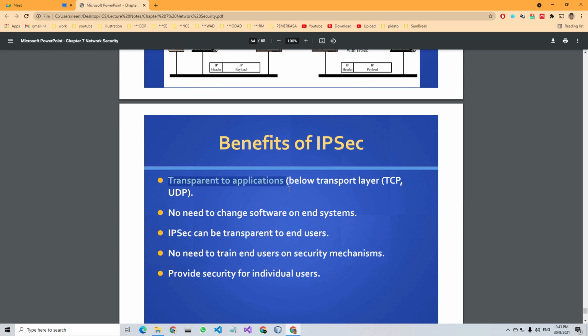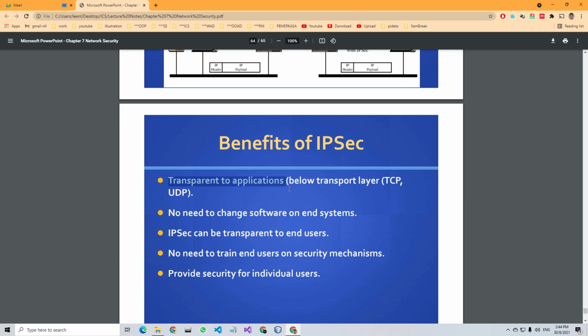Even if IPsec is implemented in the end system, upper layer software, including applications, is not affected. IPsec is transparent even to the end user. That's why there is no need to train end users on the security mechanism.